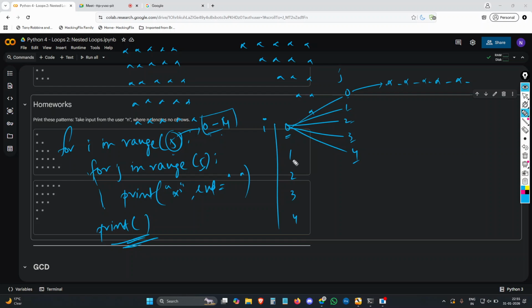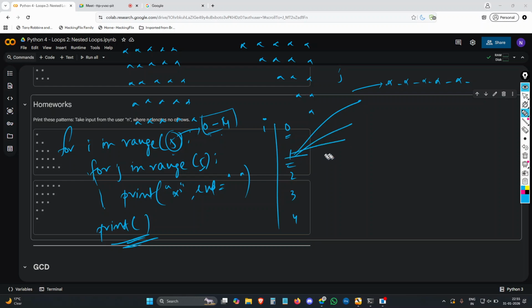So for i equals 1, after this, this one comes back. So this will have another 5 values, 0, 1, 2, 3, 4, right? Let me make it a little prettier, not much.